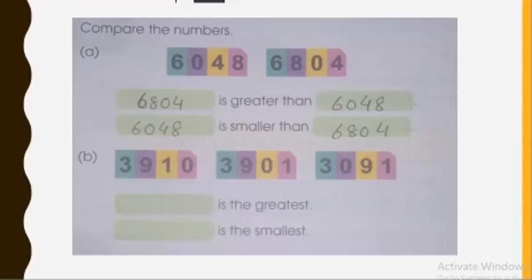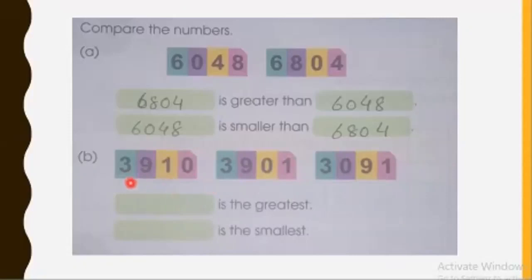I'm sure that you understand it very well because this part A was very easy, as you are comparing only two numbers over here. But part B is not very difficult at all for my students. I'm sure you all are very smart kids, but you need to be careful when you're solving it. And this question is very interesting in the sense that they put the same digits in every box, but their places are changed. What I'm trying to say?